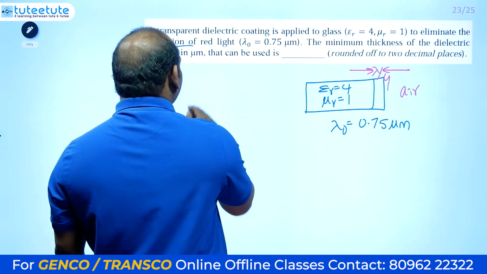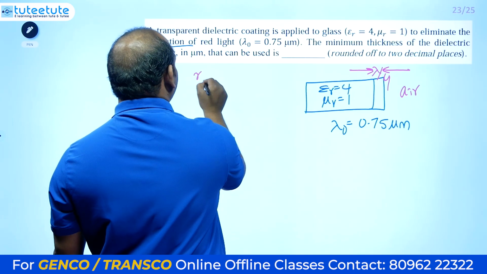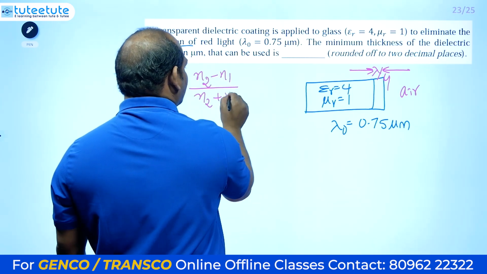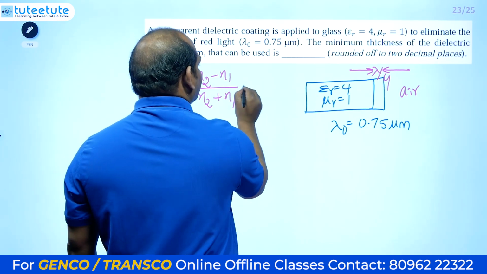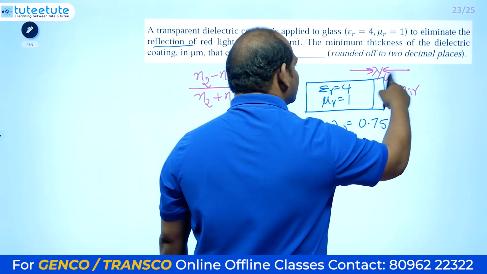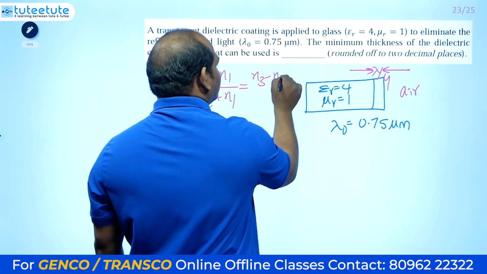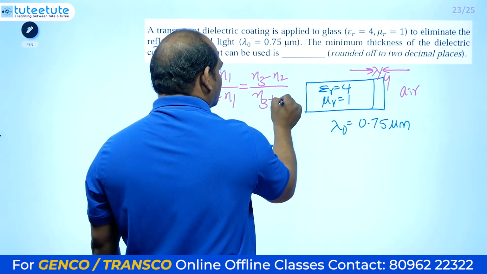This is basically related to medium 1, medium 2. The reflection coefficient is eta 2 minus eta 1 by eta 2 plus eta 1. This reflection coefficient is equated to the reflection coefficient of the other two media, that is eta 3 minus eta 2 by eta 3 plus eta 2.